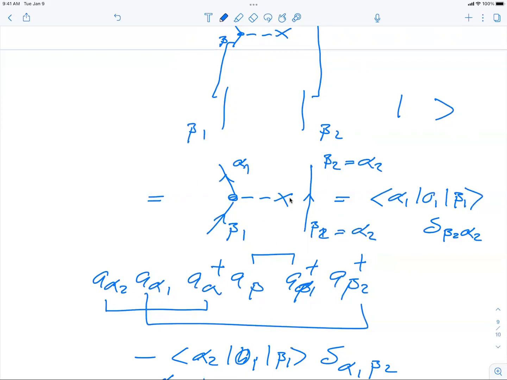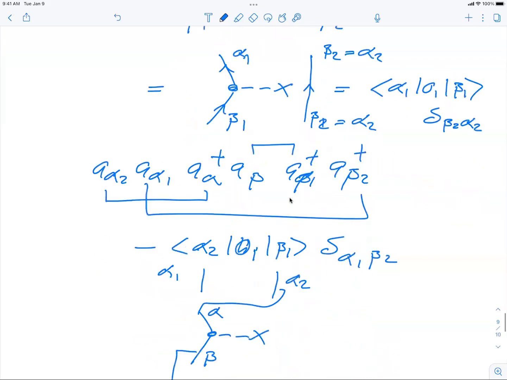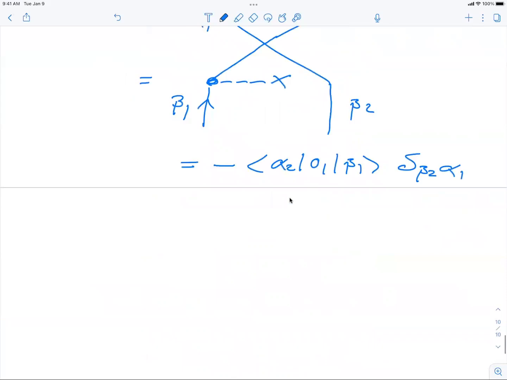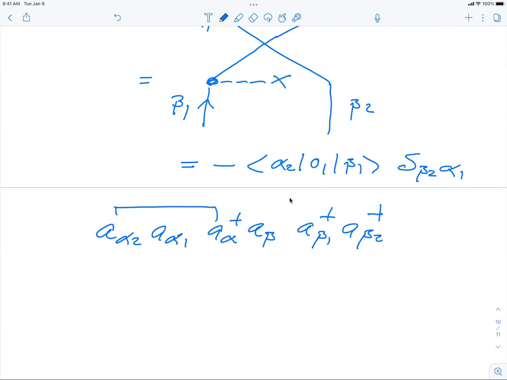And you see the pattern here. When you move on to the other terms, you will actually get, if you now look at this, you will get two more terms. So if you look at the contractions, so let's show that. We would have an A alpha 2, alpha 1, A alpha, A beta, and then an A beta 1 dagger, A beta 2 dagger. So you have now the possibility of having this contraction here, and then you could have this one, and then you would have this contraction.